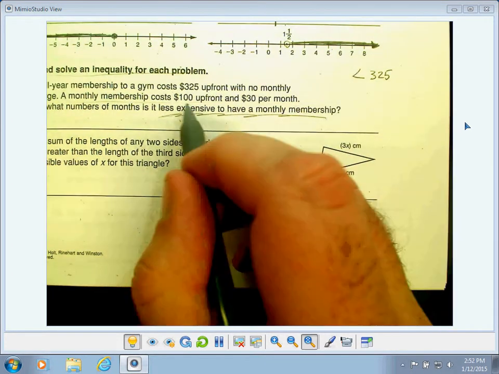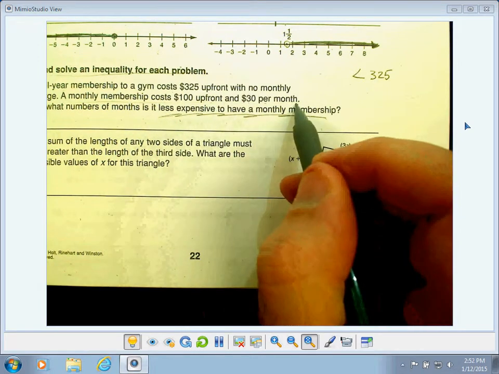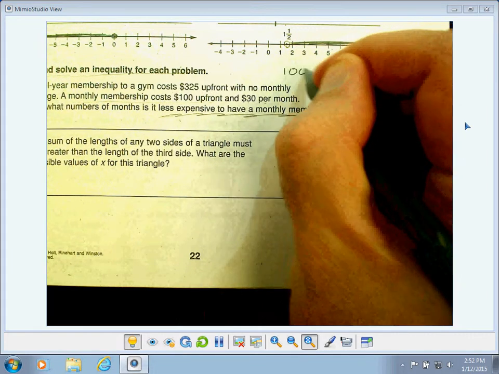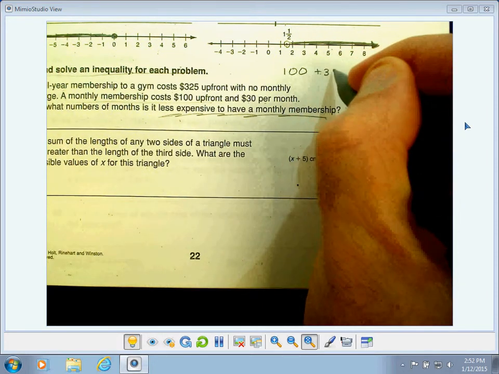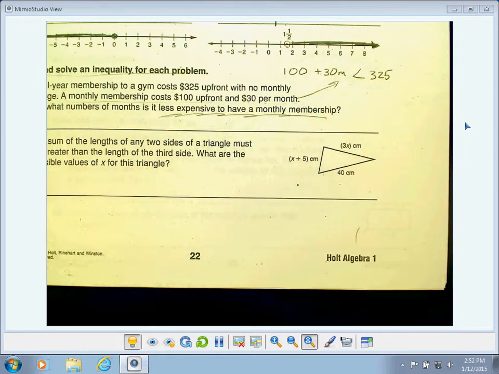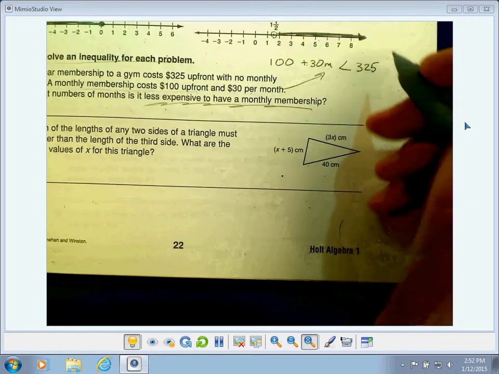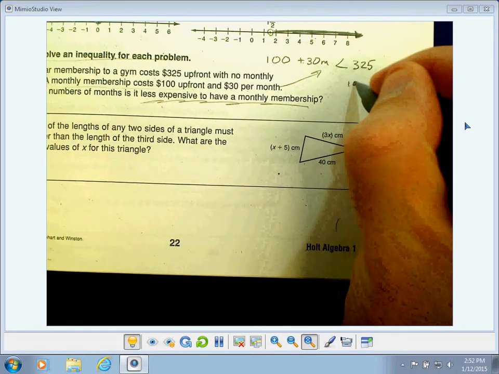Well, how did I get it? I had to pay $100 up front and then $30 per month. So the $100 gets paid once, but the $30 gets paid every month. So there's my inequality.